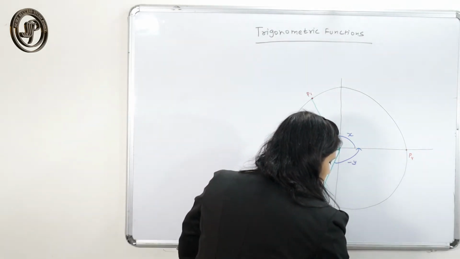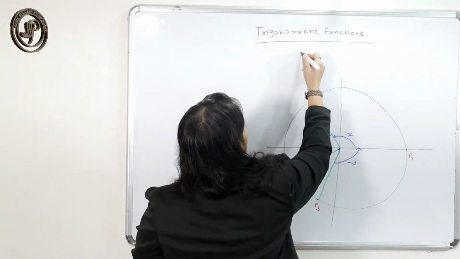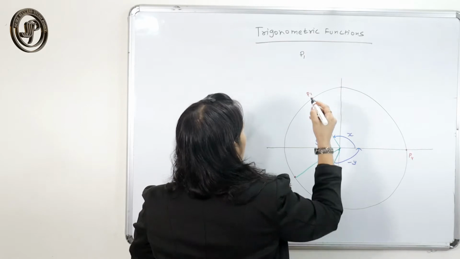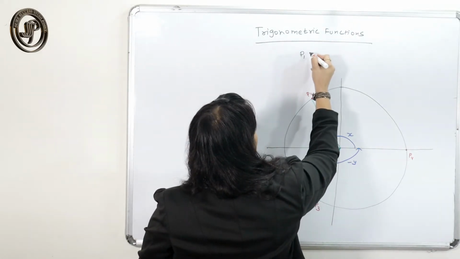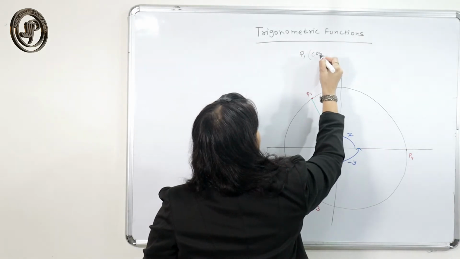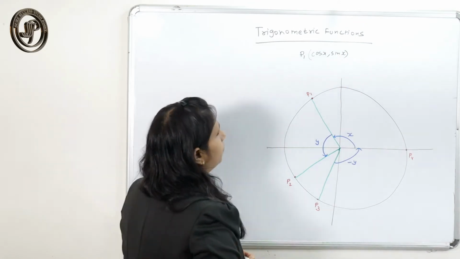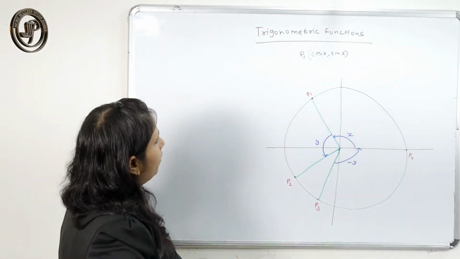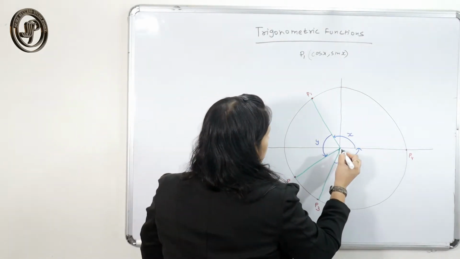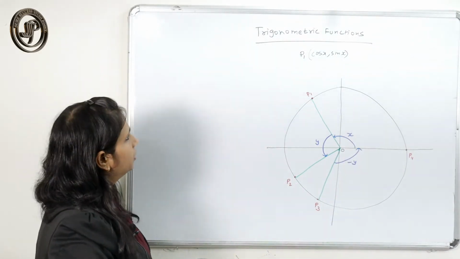So the coordinate of P1 will be cos x, sin x, if angle P4 OP1 is x.